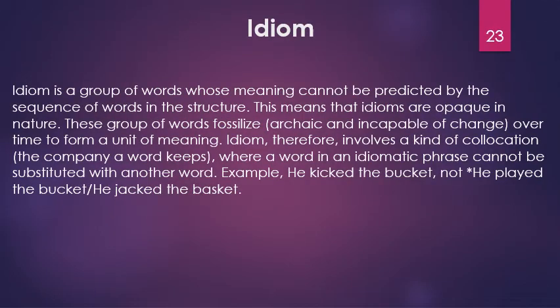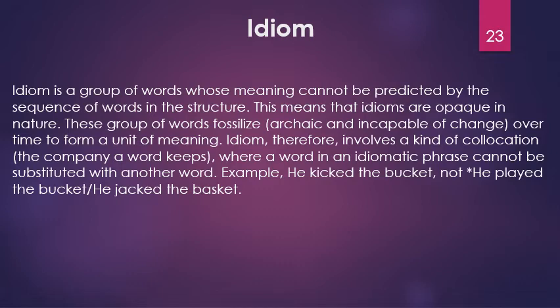Now, the next item to look at, class, is what we call an idiom. An idiom is a group of words whose meaning cannot be predicted by the sequence of words in the structure. That is, when we talk about an idiom, the meaning cannot be deduced or understood from the individual words that make up the sentence or the expression.